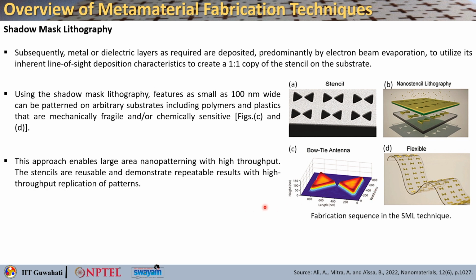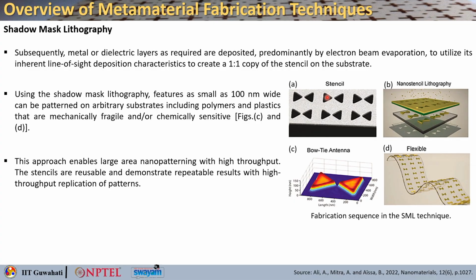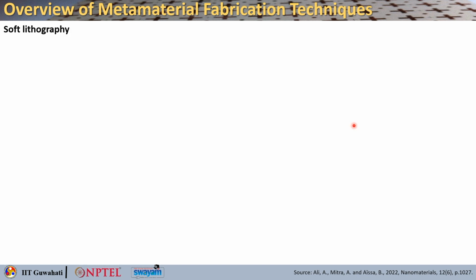This is a simulation of a bow tie antenna, what they are fabricating, and this shows the flexibility. This approach enables large area nano patterning with high throughput. The stencils are reusable and they demonstrate repeatable results with high throughput replication of the patterns.